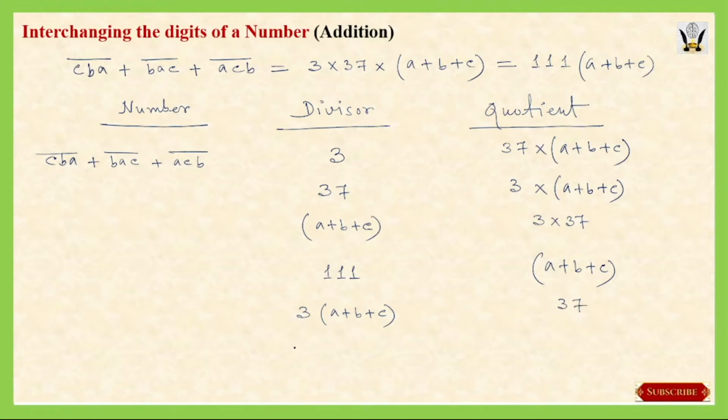Next, if we divide this result of addition by the factor 37 multiplied by a plus b plus c as our divisor, then what will be the quotient? 37 multiplied by this, if we divide by this, the remaining factor is 3. So the quotient will be 3. This is the way we can answer without really doing the addition or division.